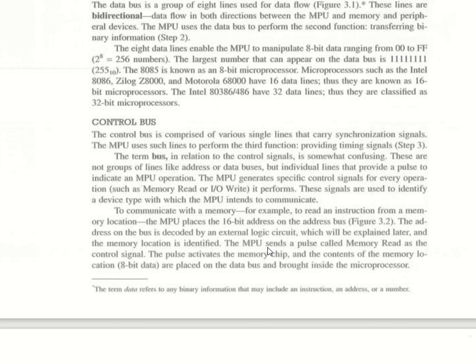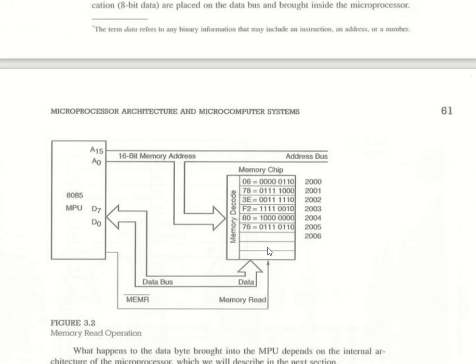And in order to communicate with memory, for example, to read the instructions from a certain memory location, the microprocessing unit places a 16-bit address on the address bus. See here, we have a 16-bit address on the address bus.